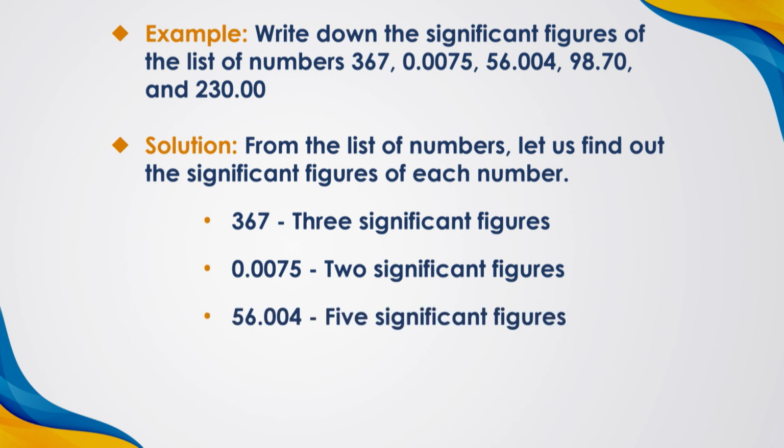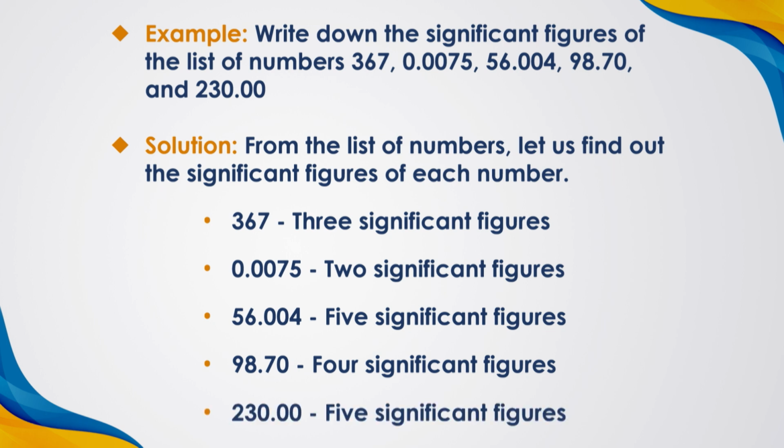Consider 56.004. Among these, all five are significant. 98.70 has four significant figures, and finally 230.00 has five significant figures. So, this way we have to understand significant numbers.